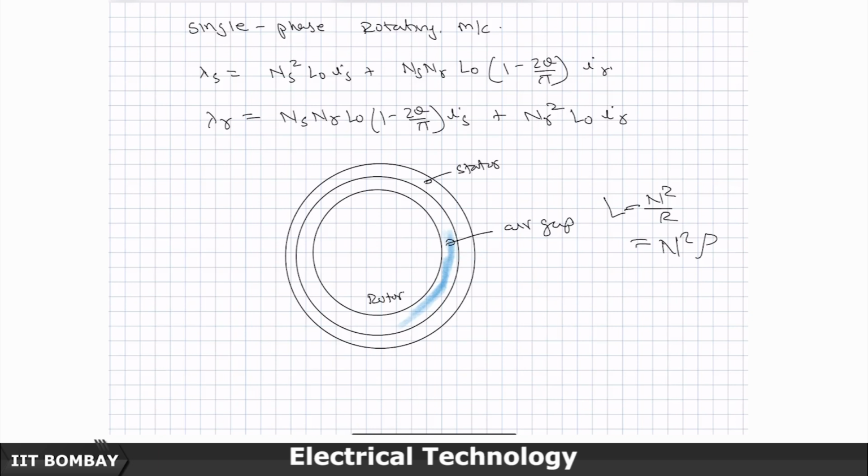Now, what we do is, we distribute the winding. So, we put slots here, let us say in the stator. Actually, it is the other way around.